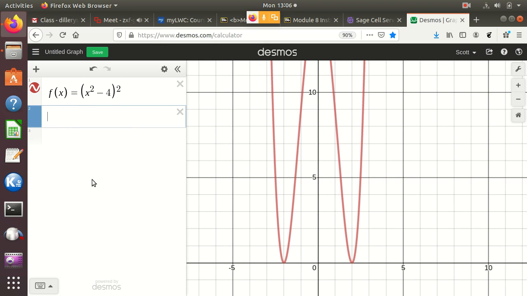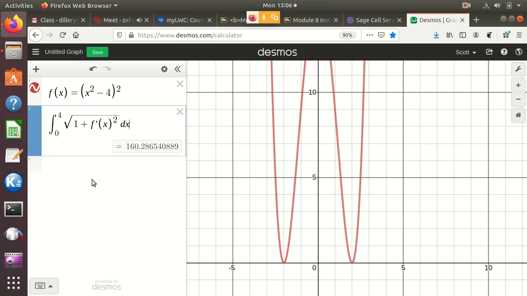If I just want that arc length from 0 to 4, I do an integral from 0 to 4 of the square root of 1 plus f prime of x squared, and then come out here and do a dx.